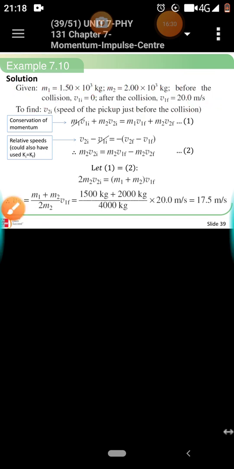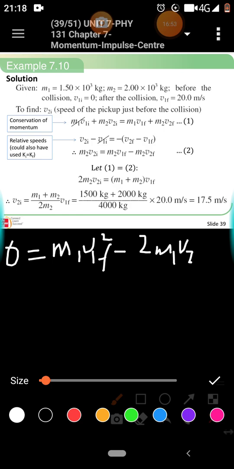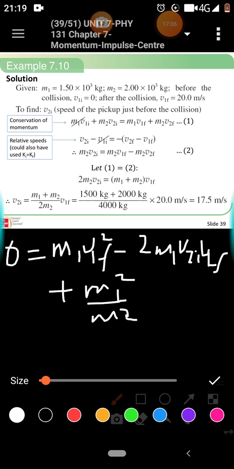So the new equation will be 0 is equal to m1 v1 final squared minus 2 m1 v2i v1 final, plus m1 squared over m2 times v1 final squared.